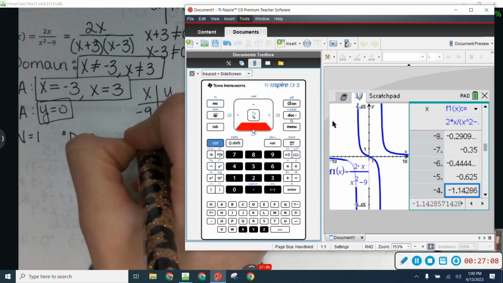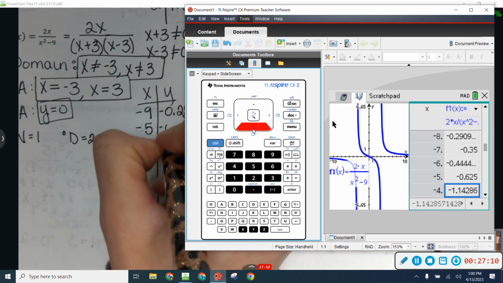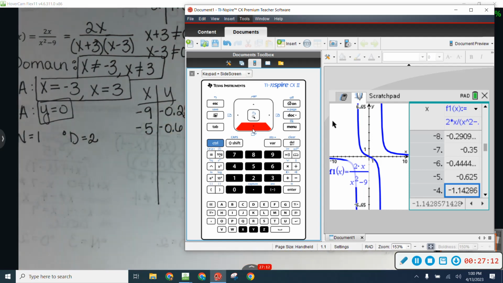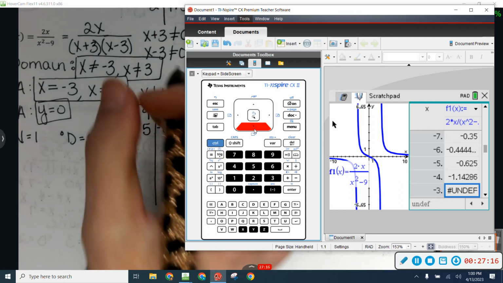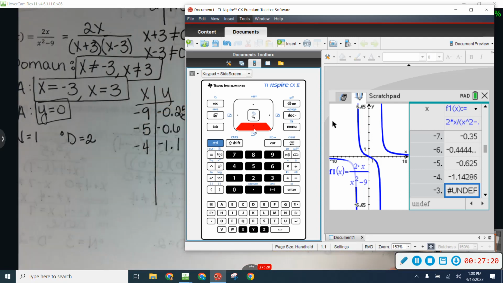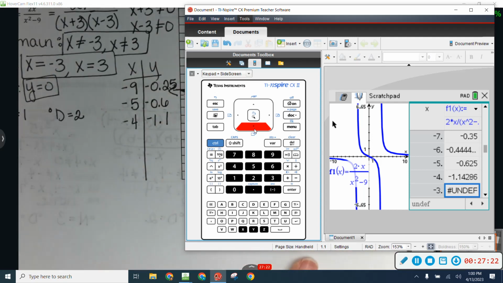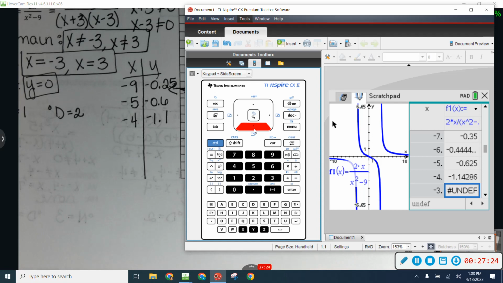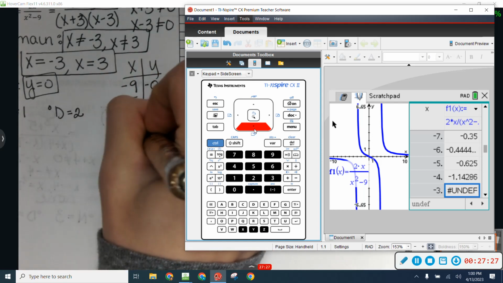I'll skip to -5, -0.6, -4, -1.1. And then my -3 is undefined.